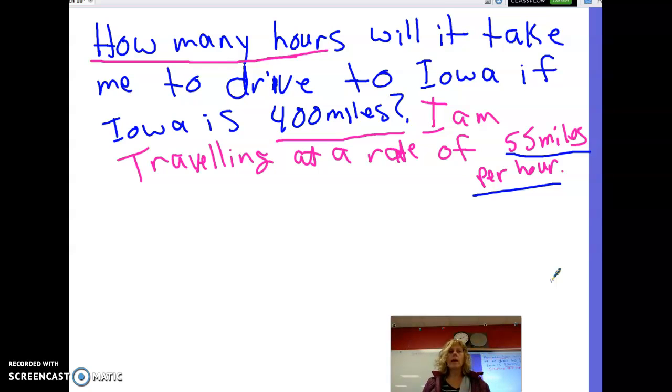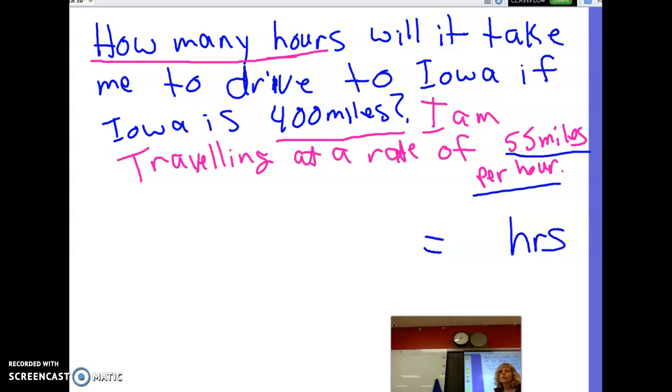I'm going to go 400 miles. I want to know how many hours it's going to take. So here's what I usually do. What I want to end up with is my answer in hours, because I want to know how many hours it's going to take me to get there. My rate of speed, I know that that's a conversion factor.